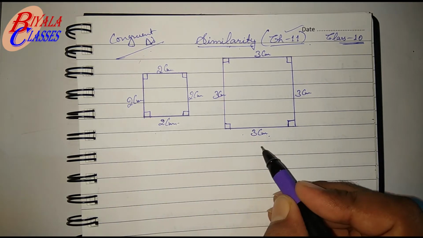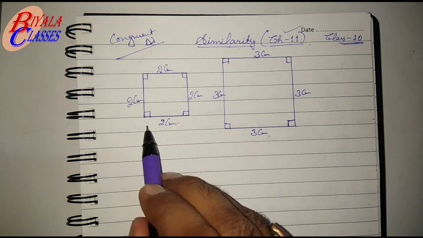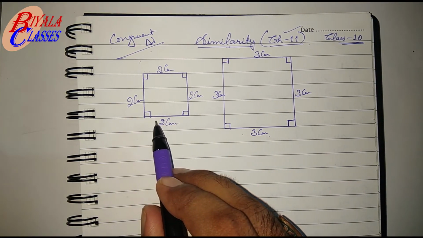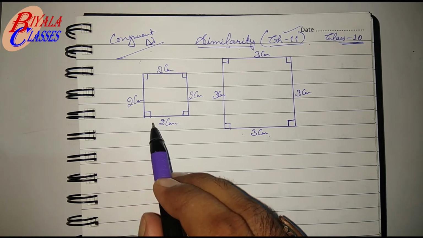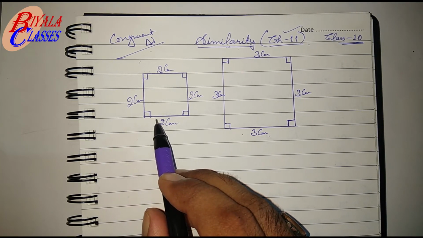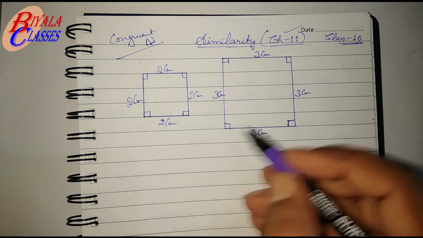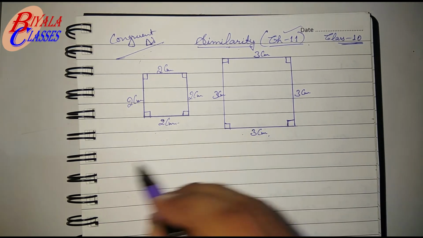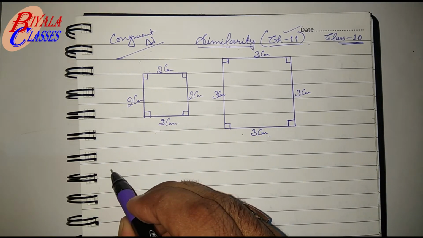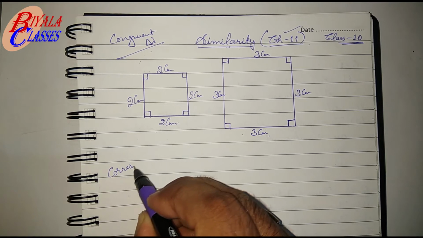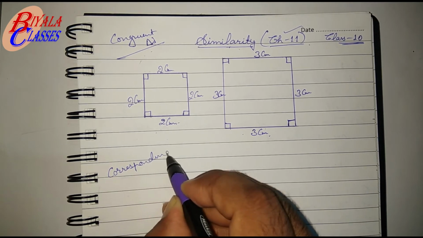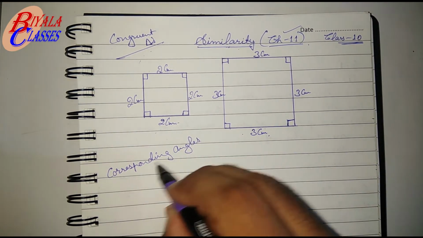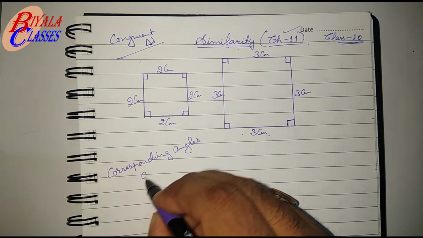Now the condition for similarity, first of all, is for 2D figures, and mostly these will be polygons. To check whether they are similar or not, the first condition is that their corresponding angles must be equal.